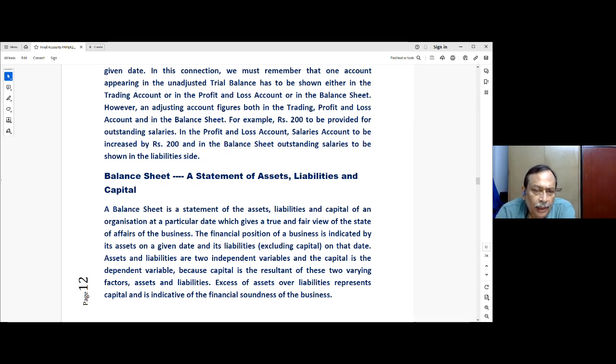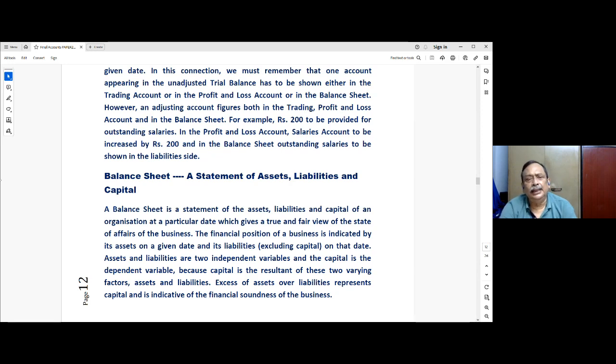Now, the financial position of a business is indicated by its assets on a given date and its liabilities, excluding capital, on that date.